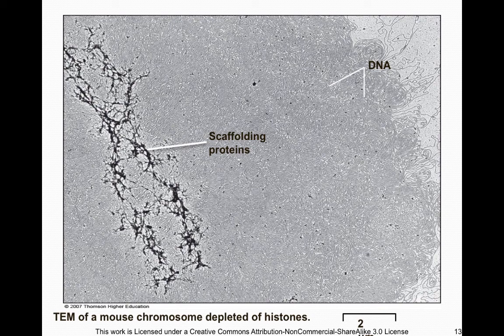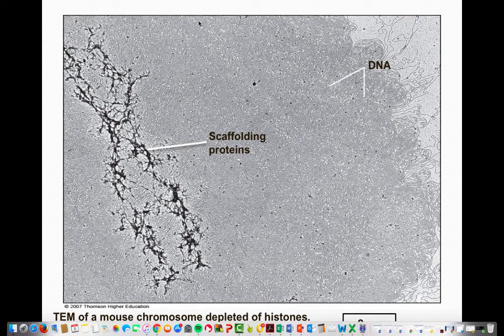And just to give you some perspective, in each cell, there is 6 feet of DNA. So the body needs to figure out the best way to get that DNA in there without causing a mess.